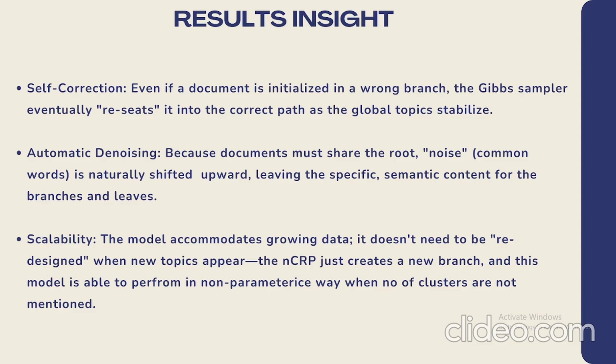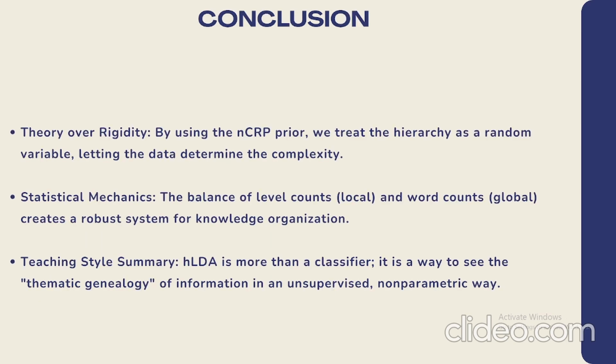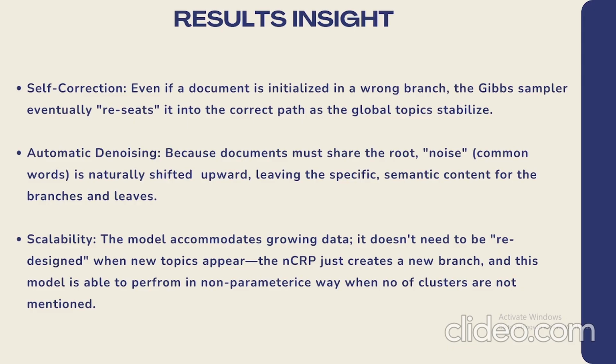The nested Chinese restaurant process grows along with the data and creates new branches as different varieties of data come. It does not restrict the data to follow the specific topics mentioned earlier.